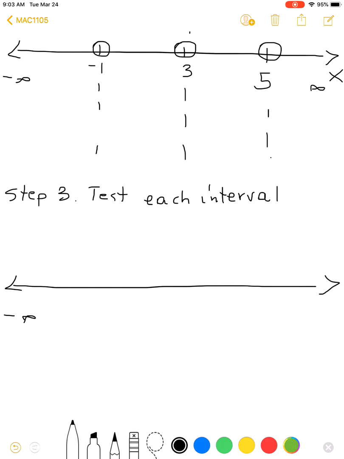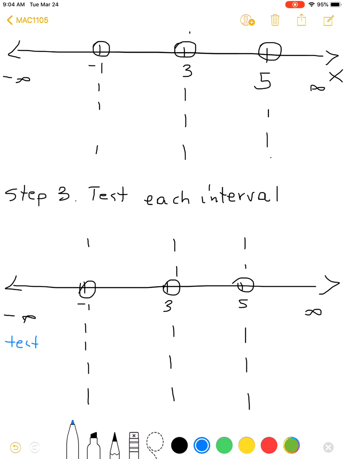Negative infinity, positive infinity, we have negative 1, 3, and 5. So I'm going to check which of the 4 intervals will be the solution. So let's test the first one. Here from negative infinity to -1, test something that is less than -1. So let's make x equal -2.